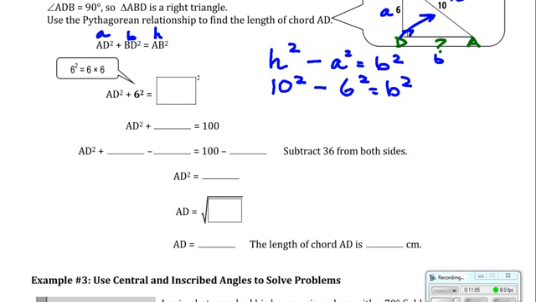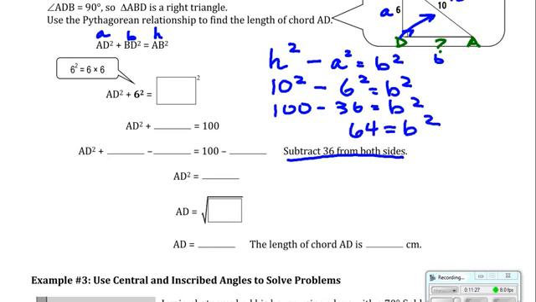Then we get 100, take away 36 equals B squared. So we're subtracting 36, same as what I said in the other notes. Okay, and so then we get 64 equals B squared.